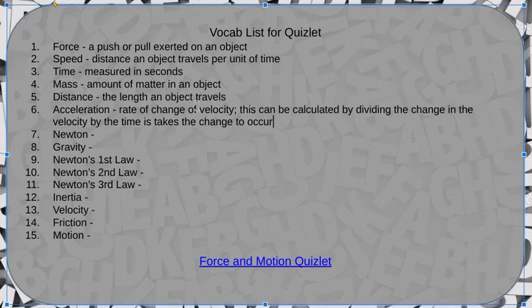So acceleration is the rate of change of velocity. If you want to think of a short definition, that's it, the rate of change of velocity.